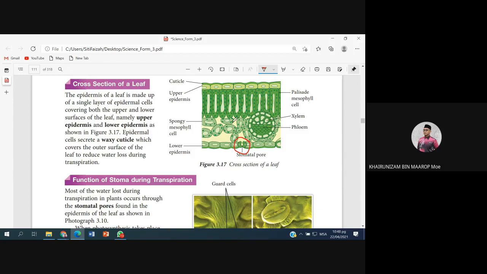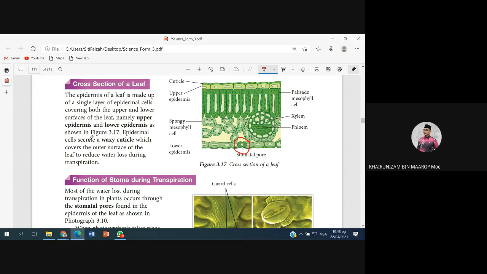If you look at the cross section of the leaf, this is the upper epidermis, and this is the lower epidermis, and at the lower epidermis there are so many stomatal pores.